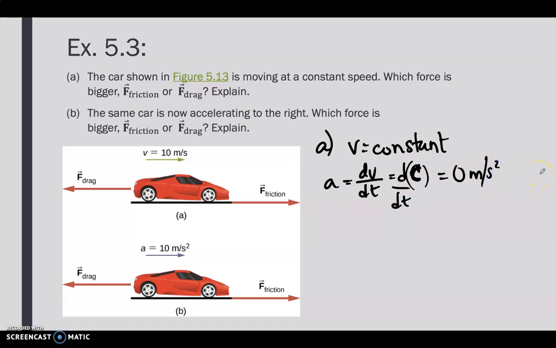That makes sense. So now when we're looking at forces, F equals m times a, doesn't matter what the mass is right now, our acceleration is 0. So our overall net force is then 0 newtons.